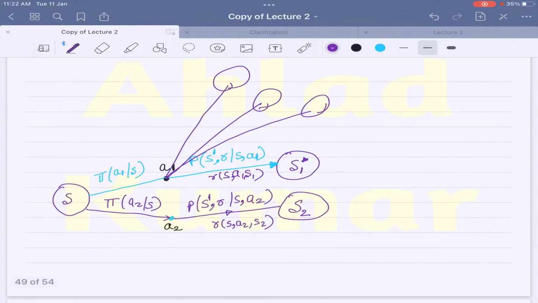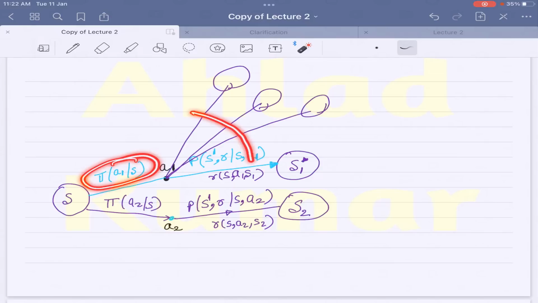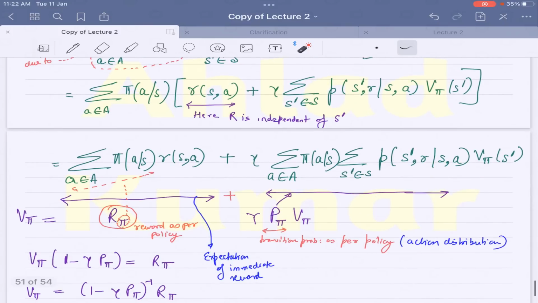So effectively, for a single action, you are summing up all the transition probabilities. That is what this particular expression is telling you: if you take a single action from this set, then you are summing up all the transition probabilities corresponding to that.